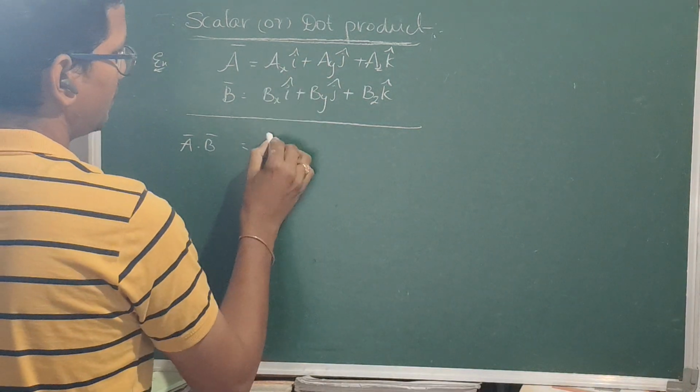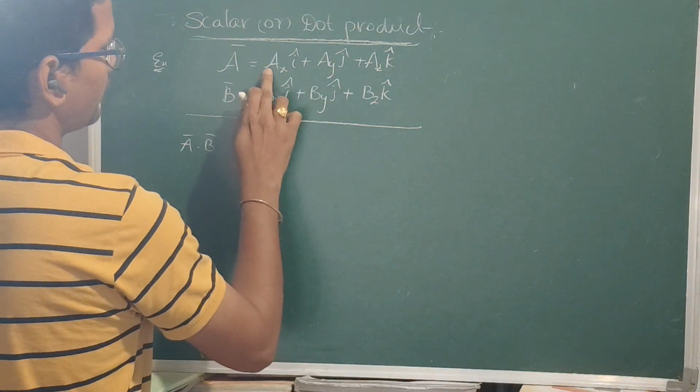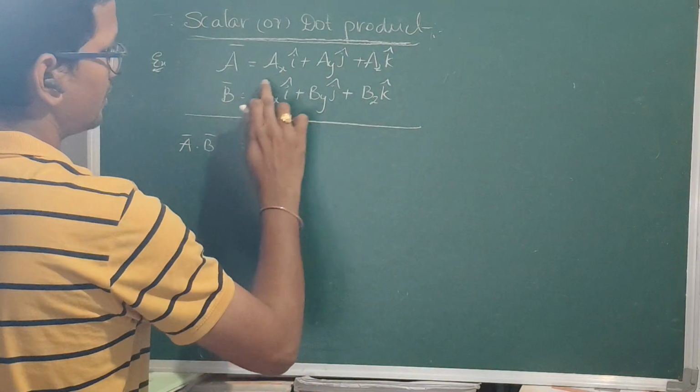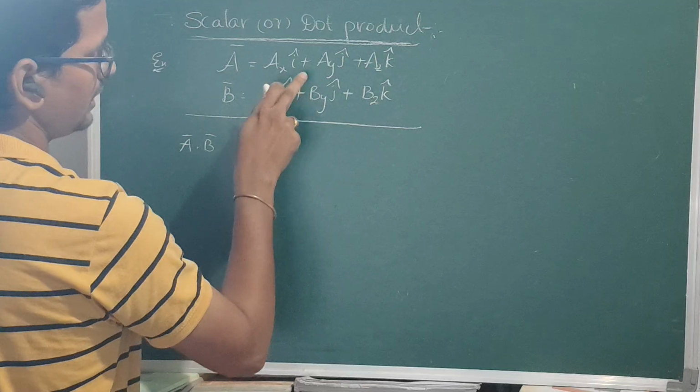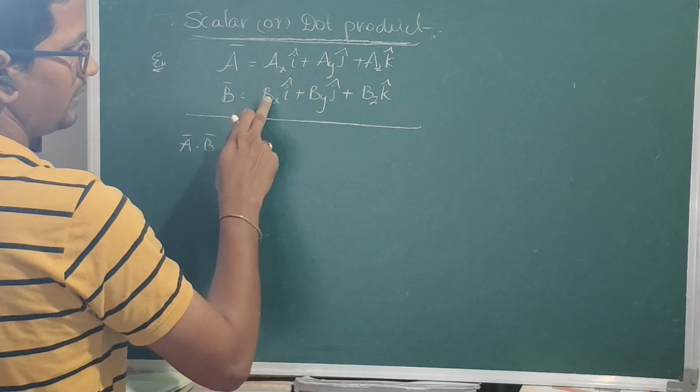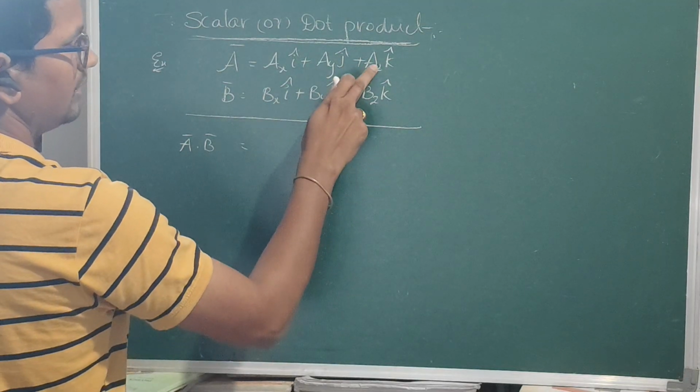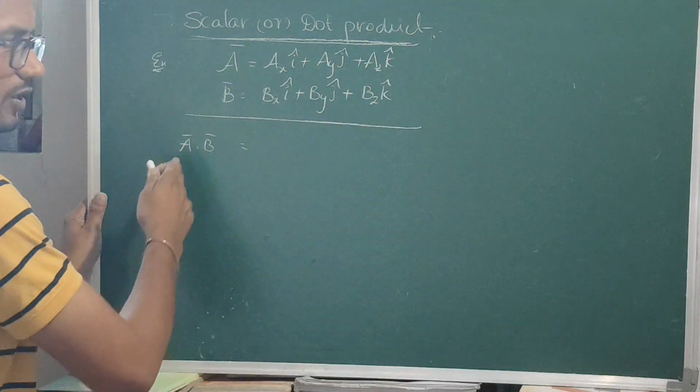What is the value here? The first term will be multiplied with the other terms. Ax is multiplied with bx, by and bz. Next one, ay is multiplied with bx, by, bz. Az is multiplied with them, because of dot product.